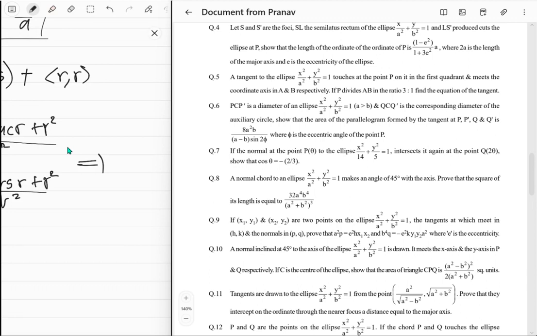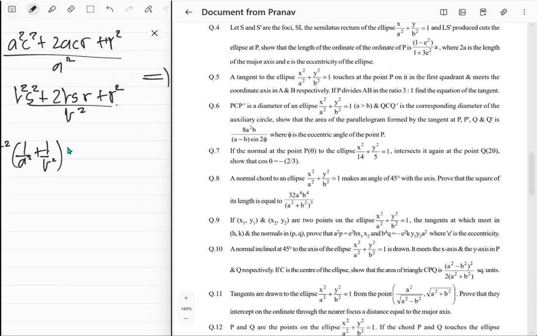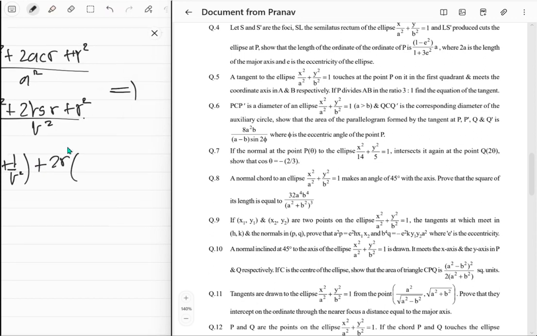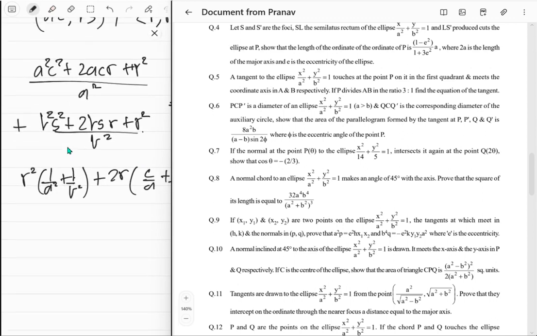Of course, like 0 should work, I guess. Okay, this is like r squared times 1 upon a squared plus 1 upon b squared. Then for r, you will just have, say 2r actually, and then you gotta have cosine upon a plus sine upon b, and this will cancel out. So 1 cancels, is equal to 0, right?